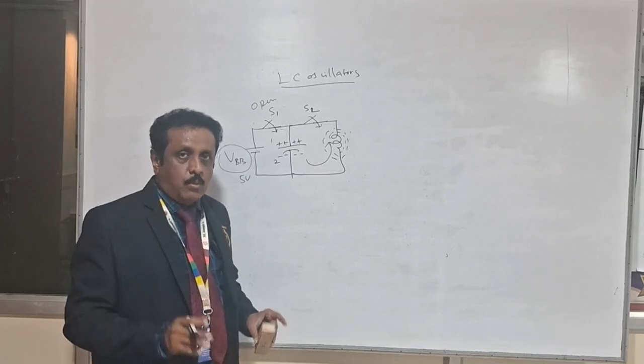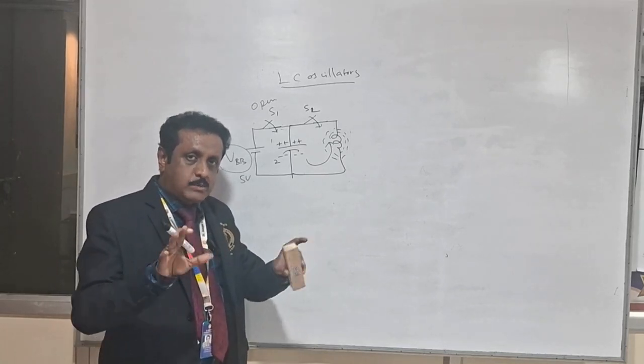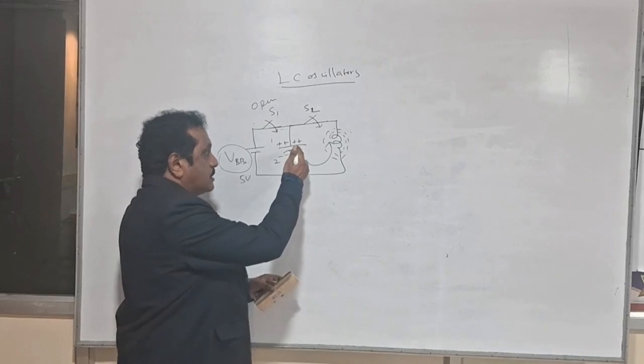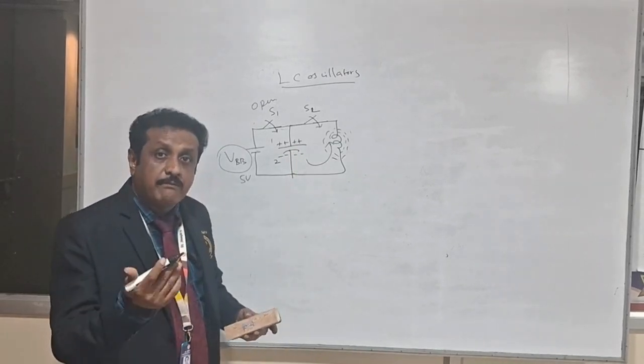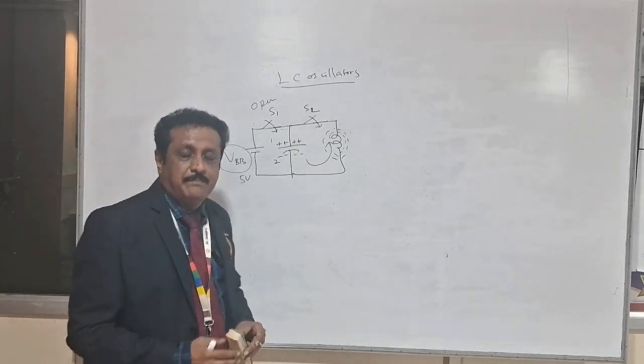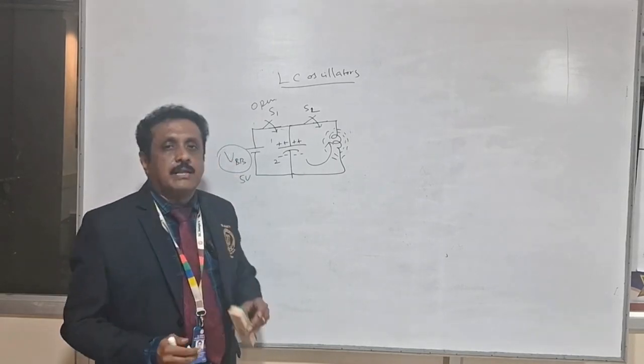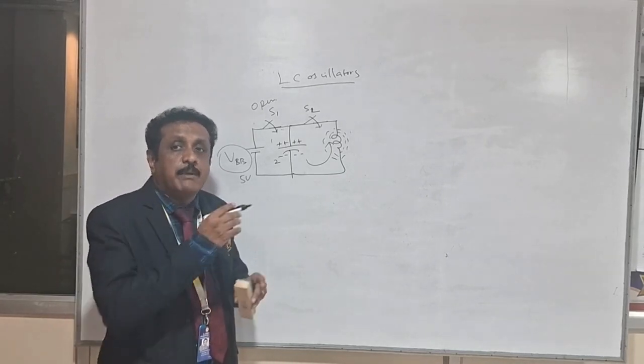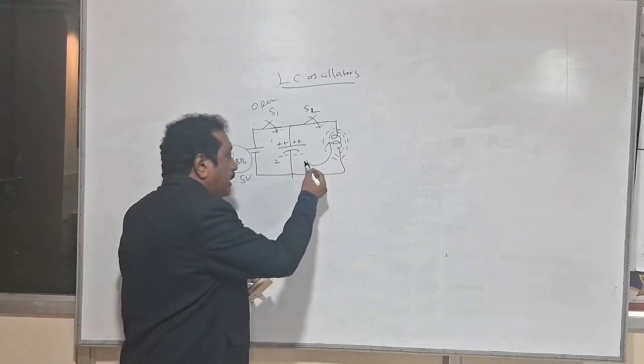According to Lenz's law, once the field around the inductor is fully generated, the current flow stops. Automatically, the field around the coil starts collapsing. According to Lenz's law, that keeps the current, the electron movement, in the same direction, that means from the lower plate to the upper plate.